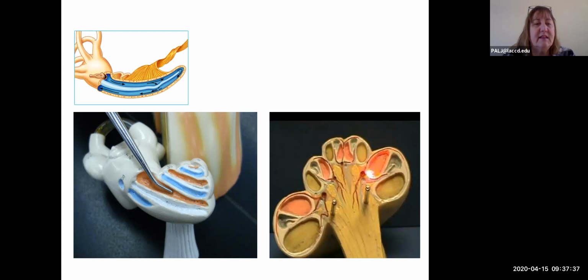And then above the scala tympani, this white structure is the same as this white structure, and both of those are the cochlear duct. And then the uppermost scala vestibuli in this model is this peach color. And then as they're curling around, you're going to have another layer of blue, white, peach, and the colors are going to stay the same. So that explains that model.